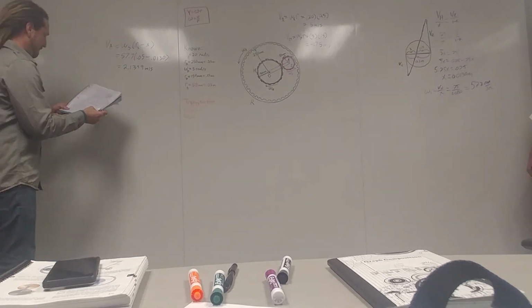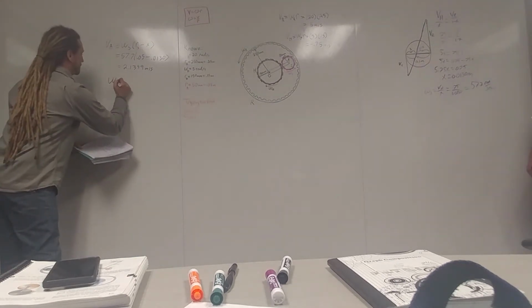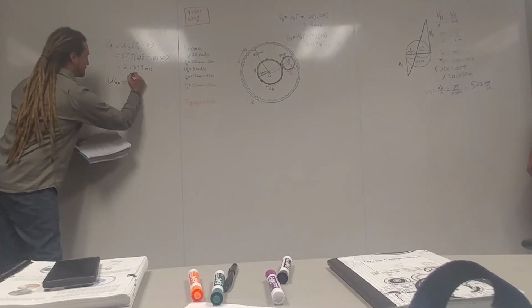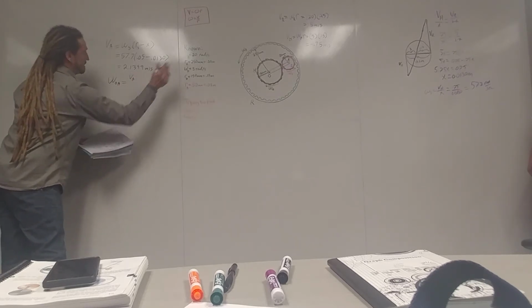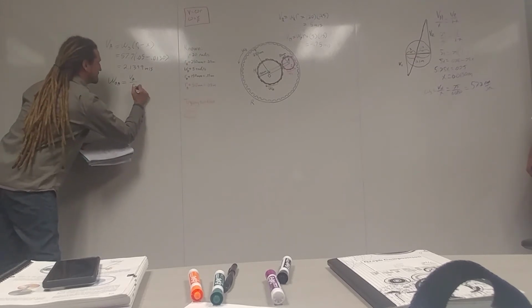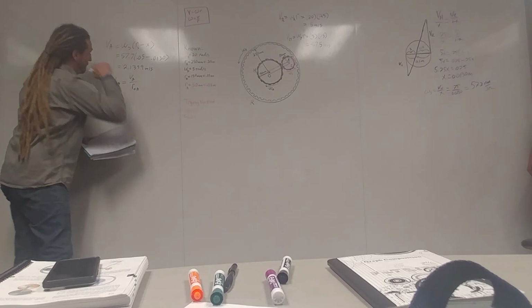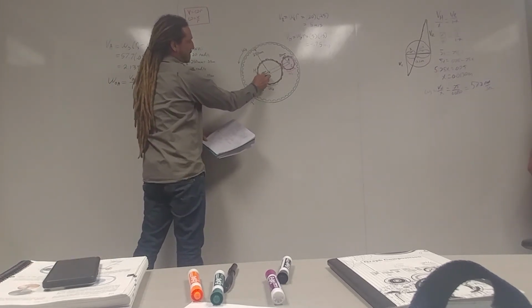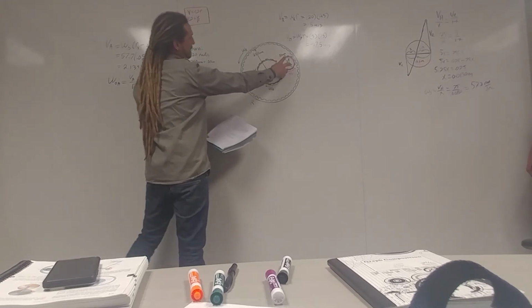And now in order to find the angular velocity of the OA arm here, omega OA is the ratio of the velocity of A over the radius of the OA arm. And the OA arm here is actually 150 meters plus 50 meters.